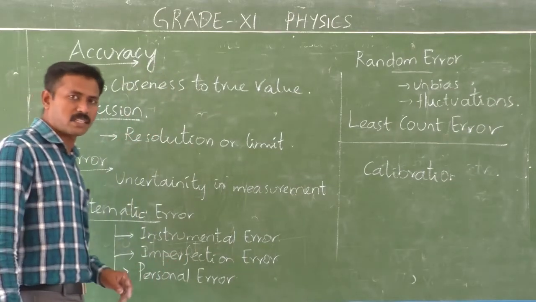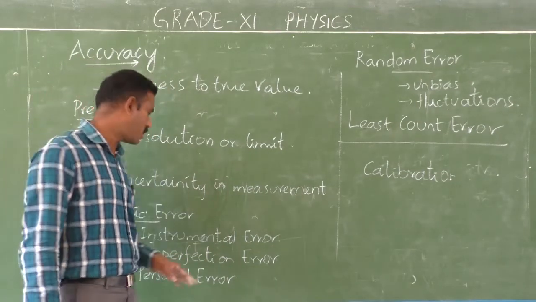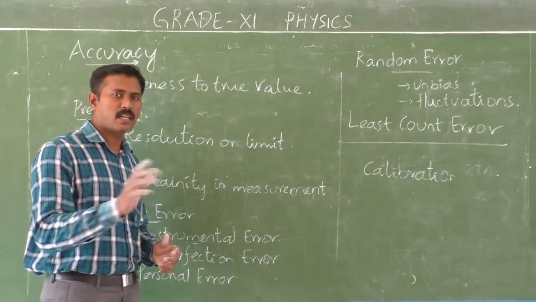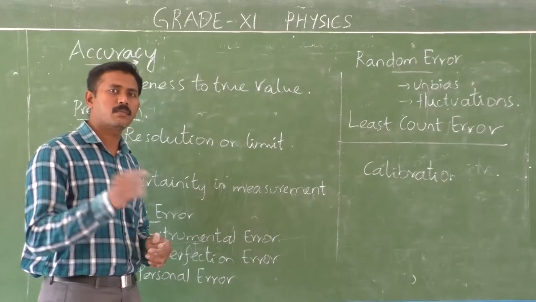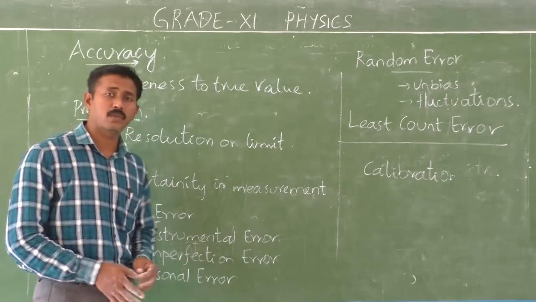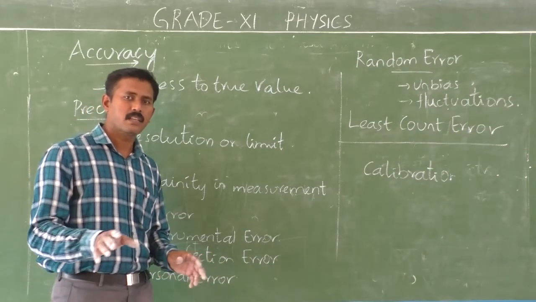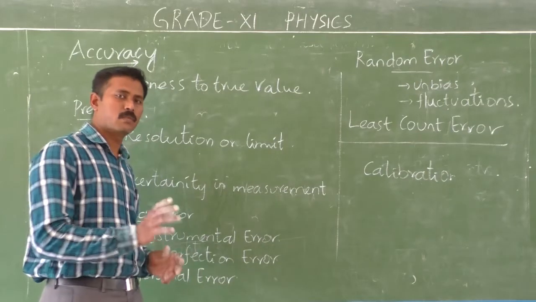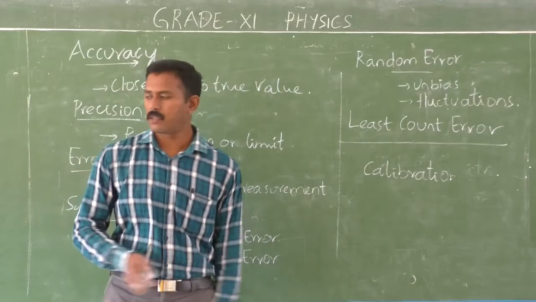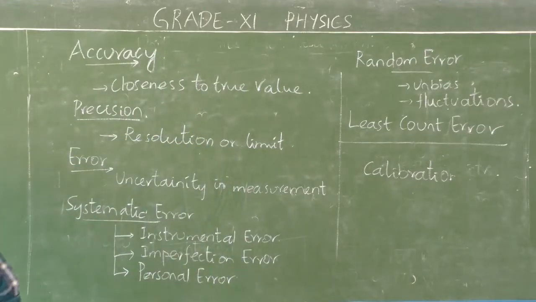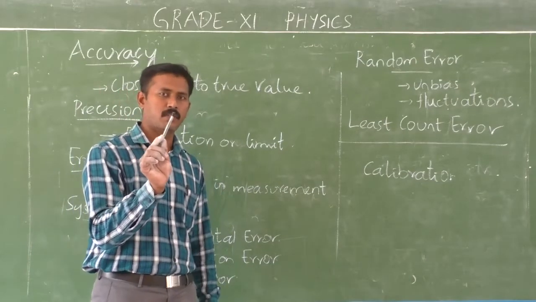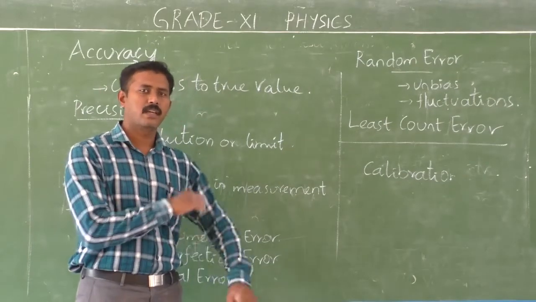Next one is imperfection error. Imperfection error arises due to the physical techniques, how the instrument is being handled. For example, consider this as a thermometer, and I place it in an armpit.